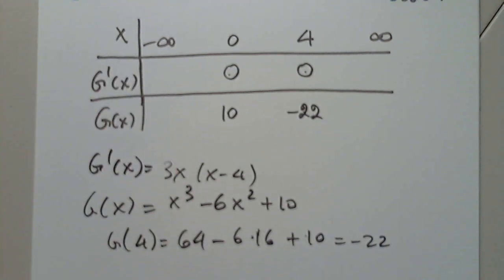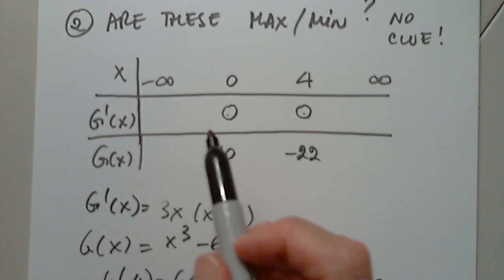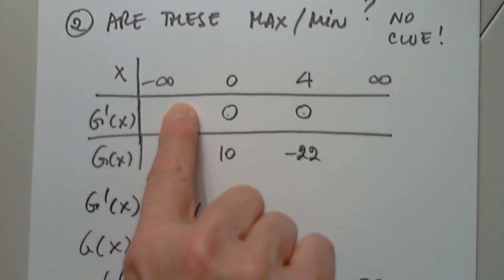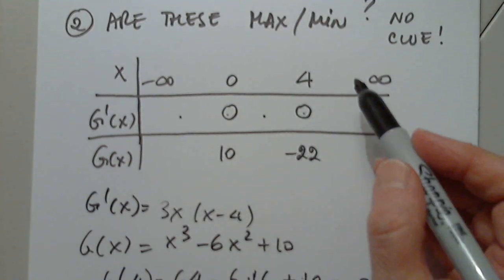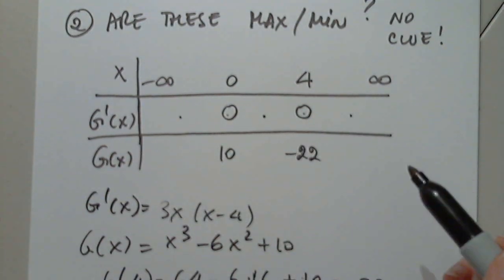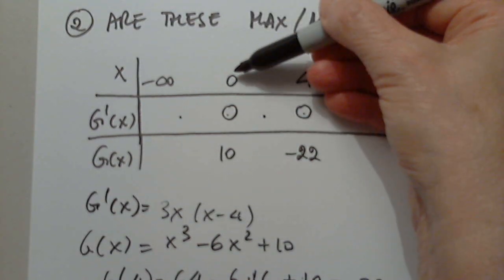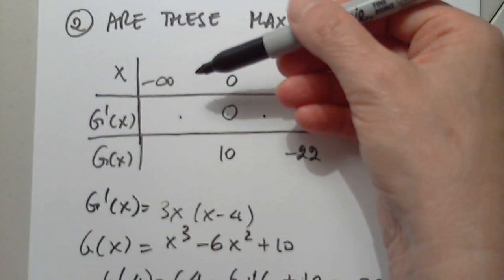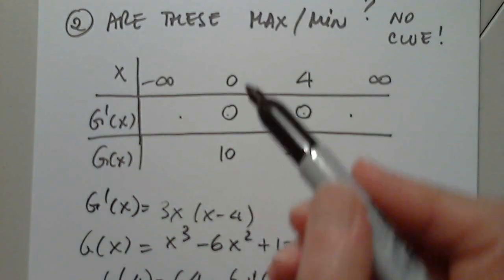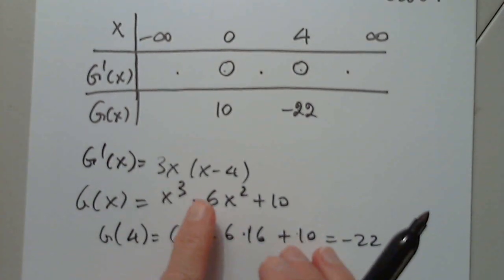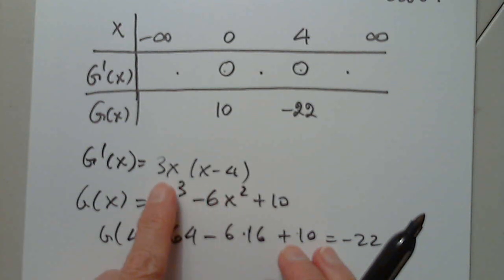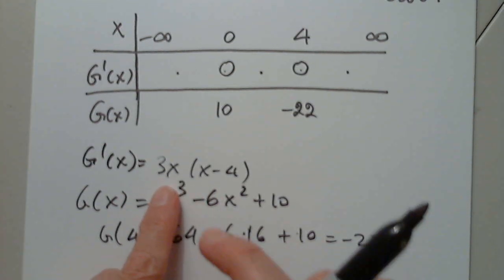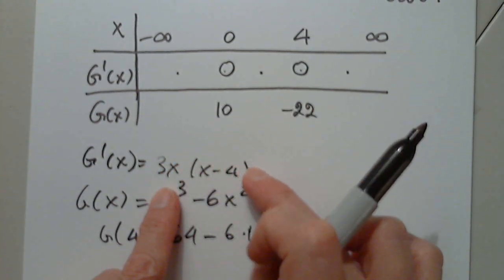So now, I need to determine the sign of the derivative here, the sign of the derivative here, and the sign of the derivative here. So to the left of 0, let's say we plug in negative 1. Negative 5 times negative 3. What is the sign of the answer?